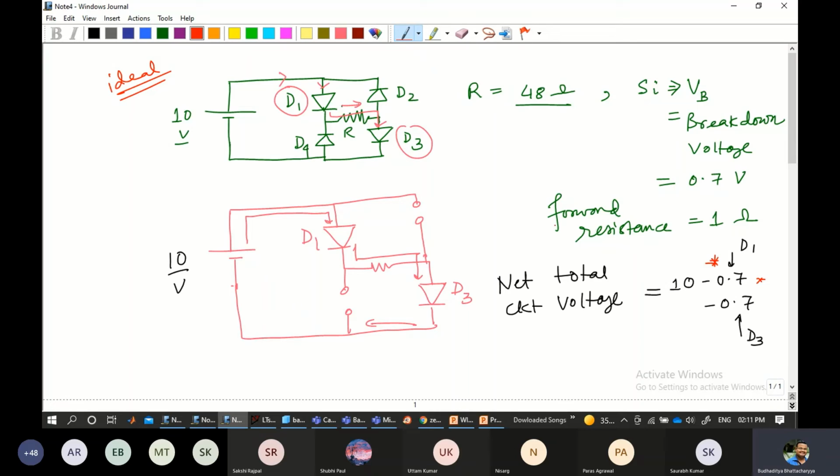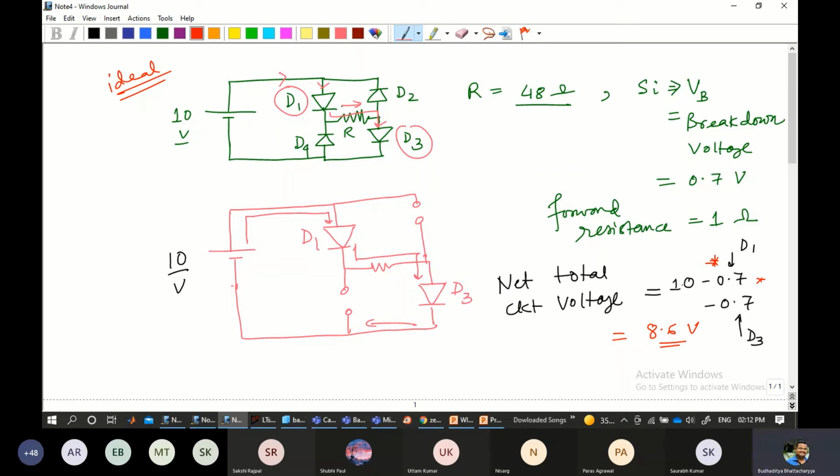But ideally that won't be the case. Naturally it will be a non-ideal diode, and that's why there will be some breakdown voltage to consider. So please consider 0.7 and 0.7 over here. The net value comes to around 8.6 volt.